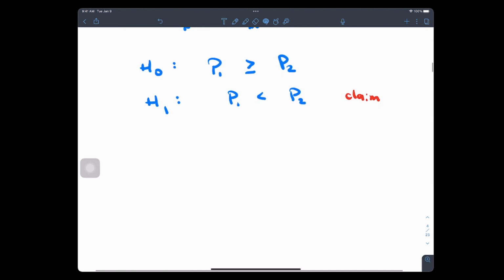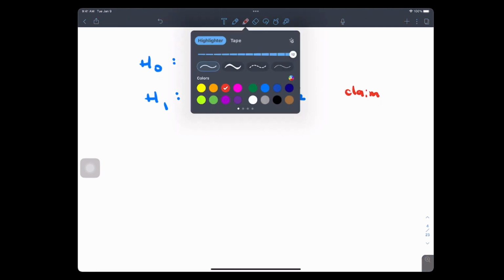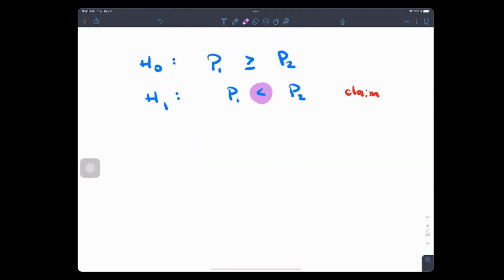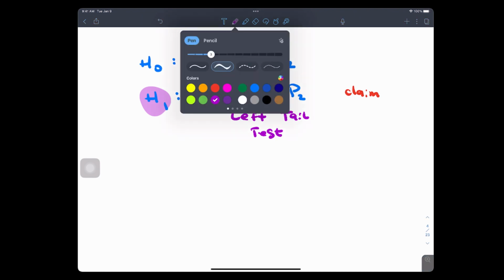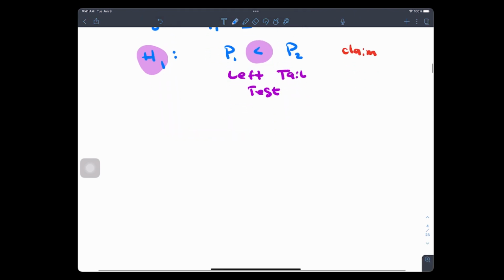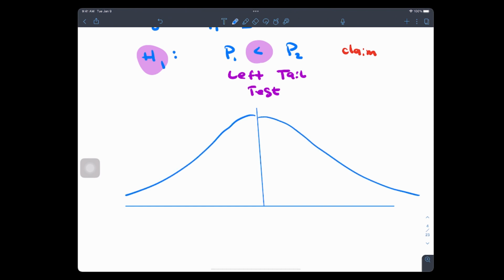Okay. Let's ask you guys. Is this a left tail test, a right tail test, or a two tail test? Good job. It's a left tail test. So I draw a left tail.